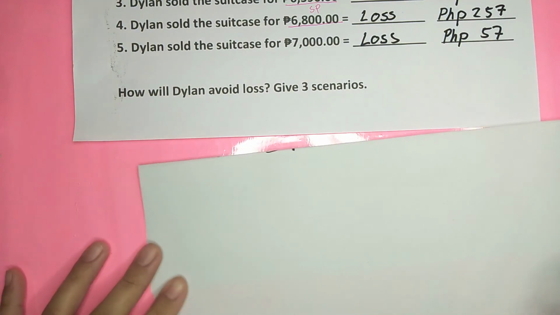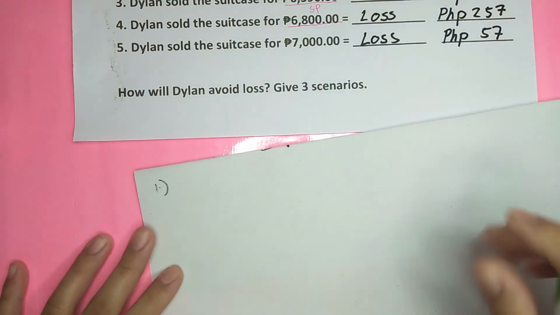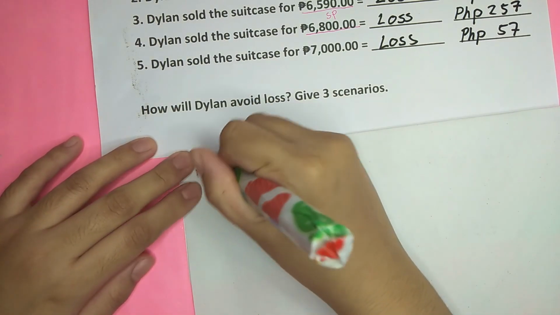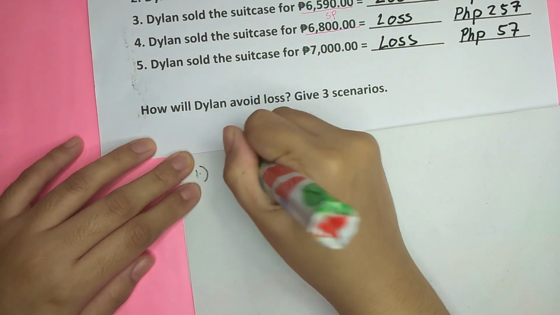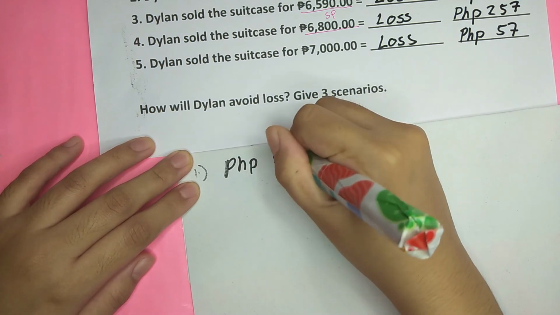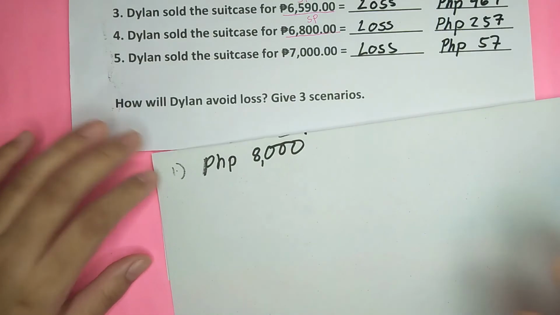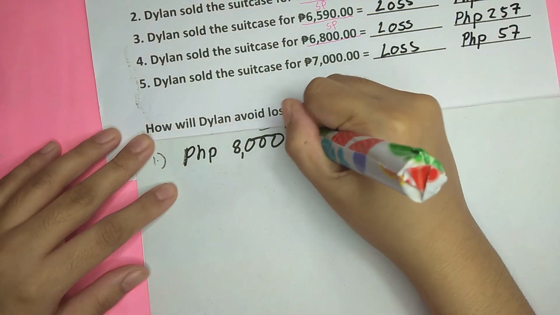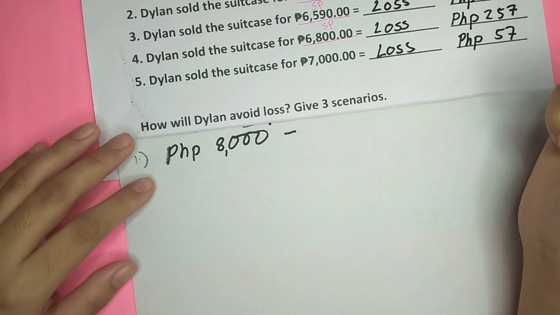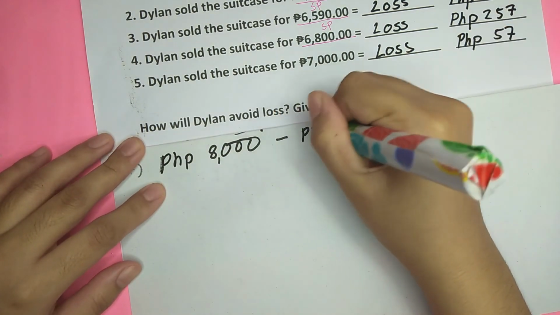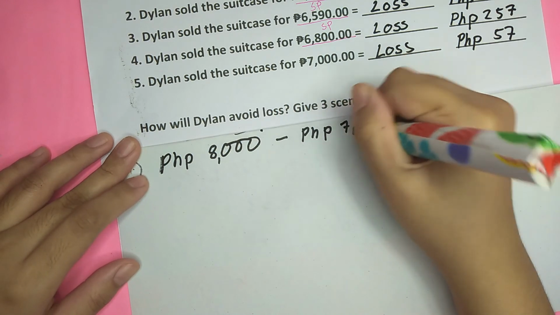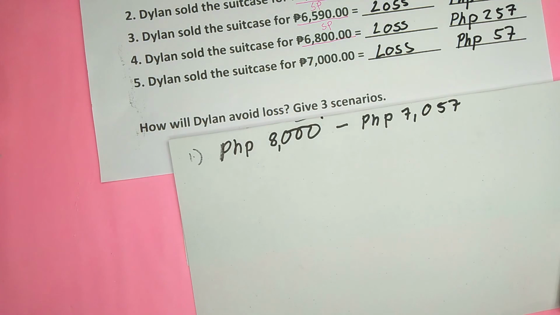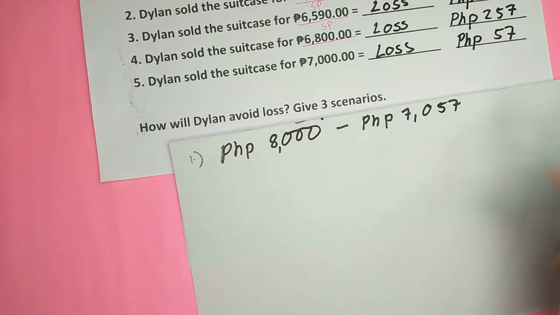So, let's say, number 1, if our selling price, let's say, is 8,000 pesos, tapos, kung ima-minus natin yan sa cost tsaka sa mga expenses, which is 7,057 pesos, ang makuha ang sagot dyan ay 943 pesos.